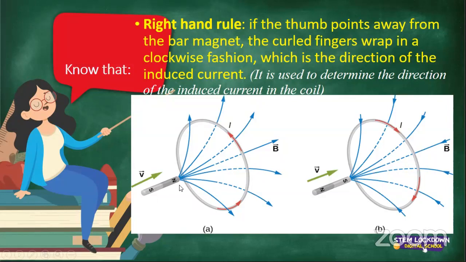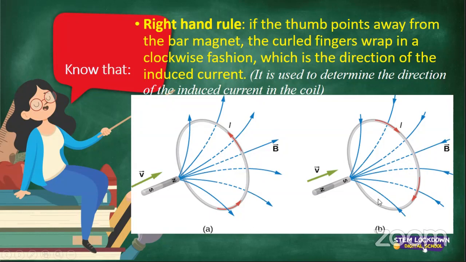Then your curled fingers will be showing the direction of the induced current, sorry, not the magnetic field. So if your thumb is pointing away from the magnetic field of the bar, your curled fingers will show the direction of the induced current.